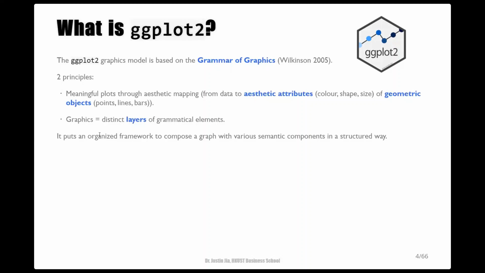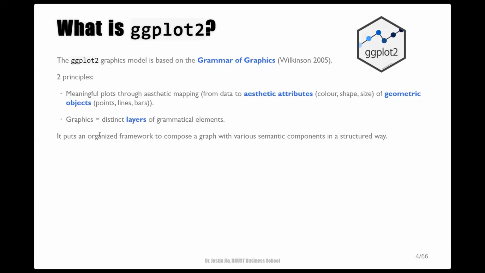Analogously, the grammar of graphics describes those basic elements so that we can put them together to make new types of graphics. Just like you can take a verb and a noun and an adjective and make a new sentence that maybe no one has ever heard before, you could take the grammar of graphics and put together various aspects of plots and make a graphic that no one has ever seen before.